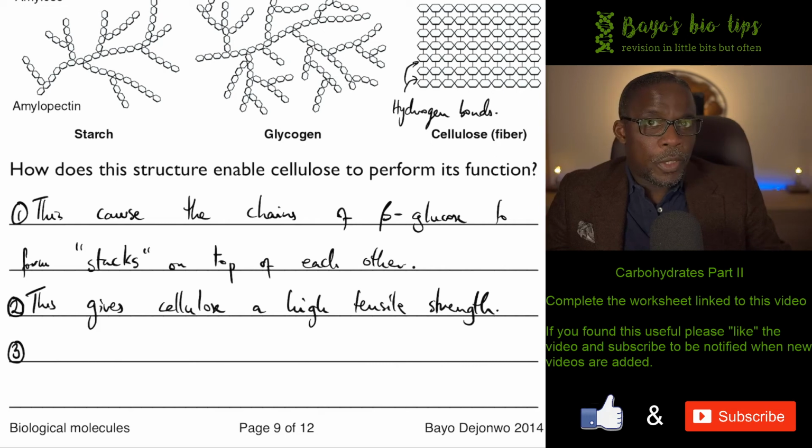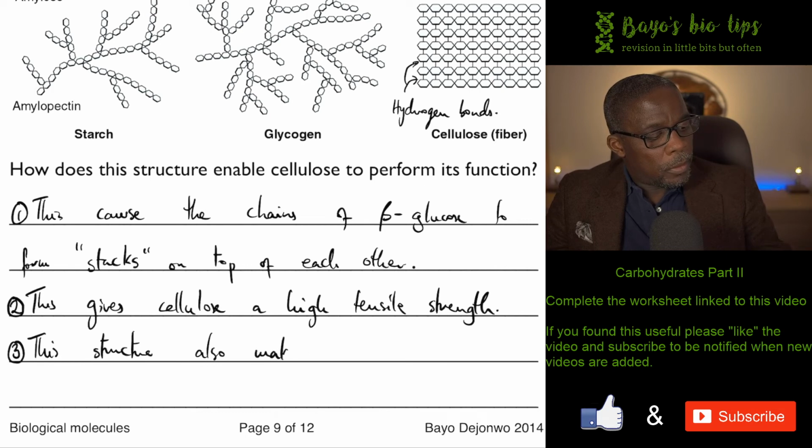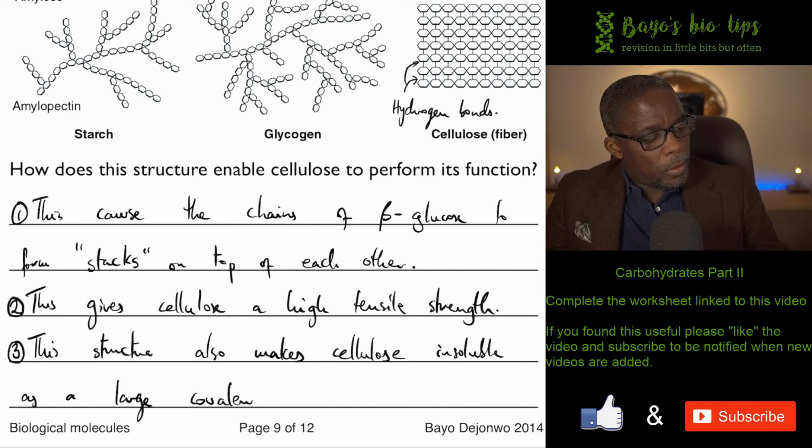But also this stacked structure of long chains of covalent molecules makes cellulose insoluble. So this structure also makes cellulose insoluble as a large covalent molecule.